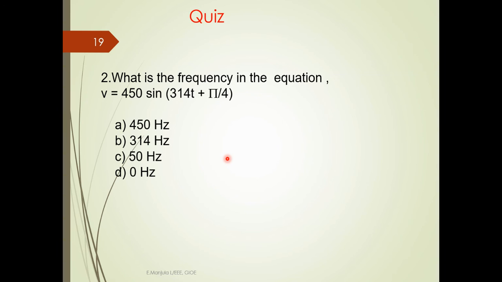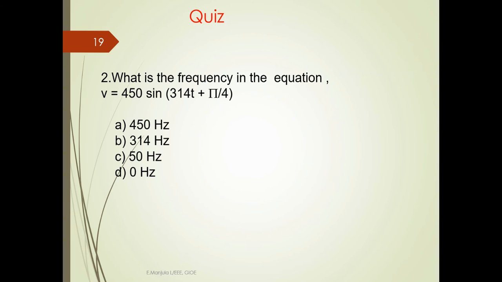The next quiz point is, what is the frequency in the equation? Here V is equal to 450 sine of 314t plus pi by 4. So 314 is nothing but omega. Omega is equal to 2 pi f.